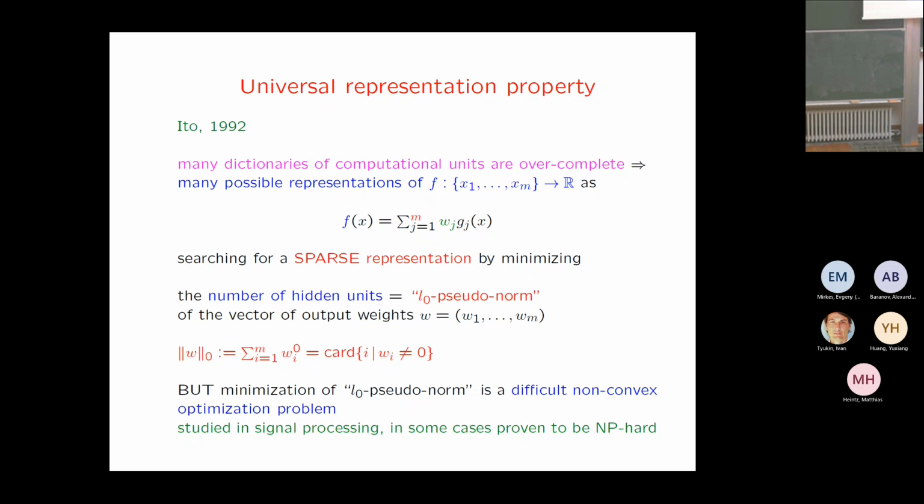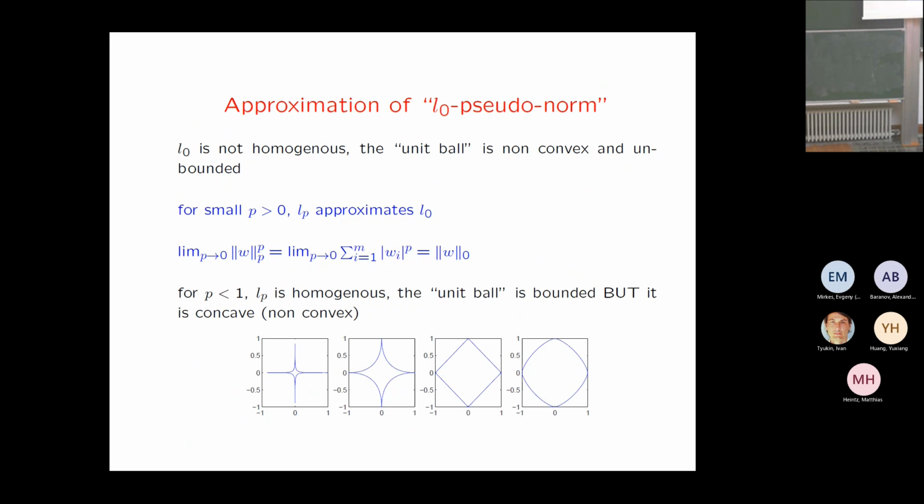non-convex optimization problem, because the so-called L0 pseudo-norm, which is the number of non-zero elements in a vector, is simply not a norm. Really, it doesn't have a nice convex unit ball, and the best approximation in the sense of something that is already convex is the L1 norm, because then it's convex.